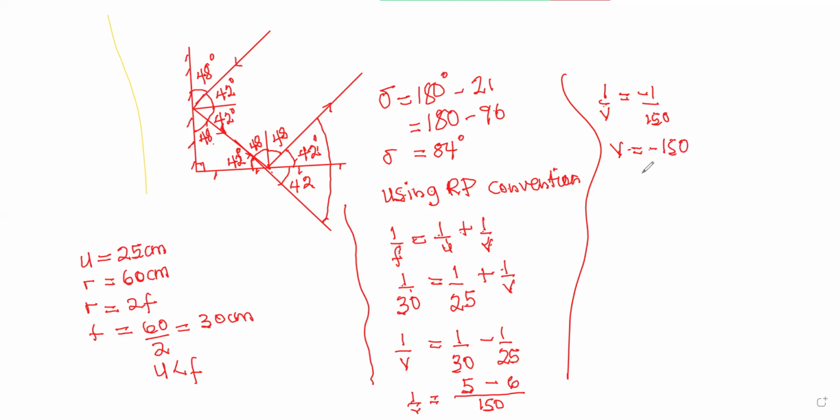Once V is negative, it means that the image is virtual.